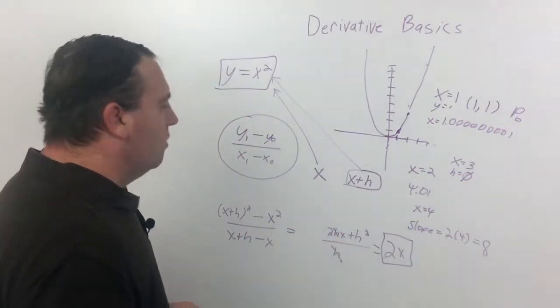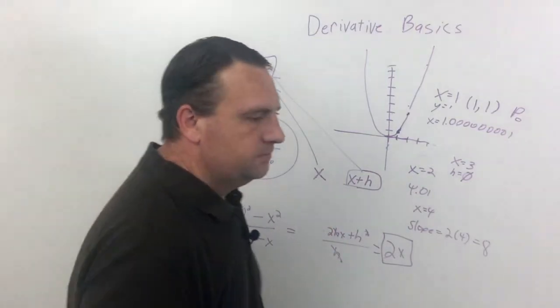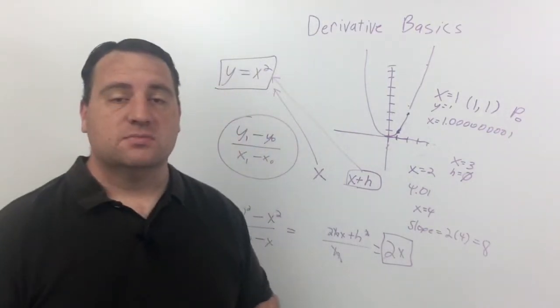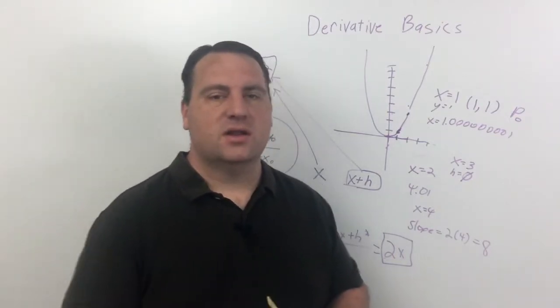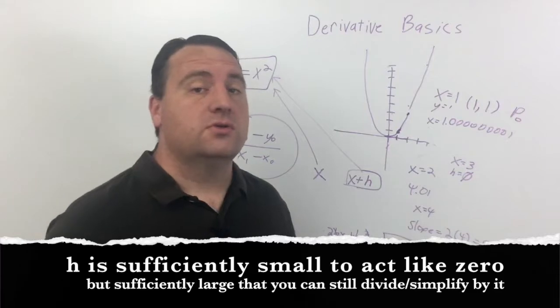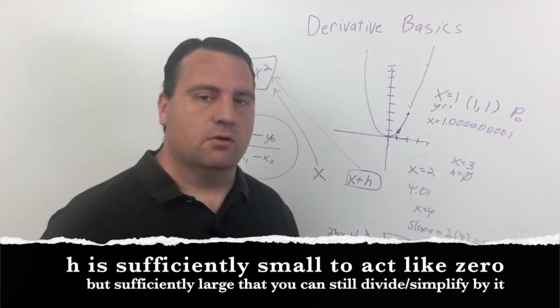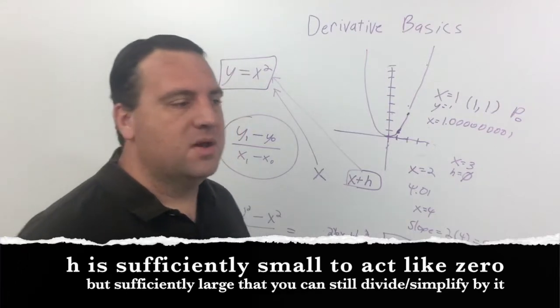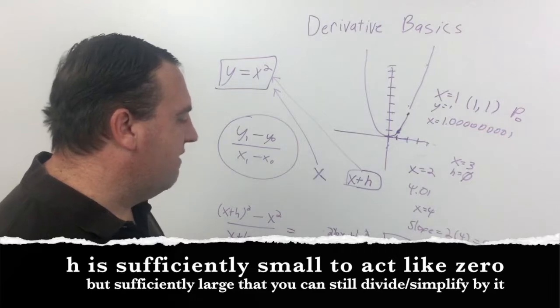And you might say, well, if h is 0, how could we have divided by h? As I said, we'll get into this more rigorously later on in the course. But for now, you can think of h as being a number that is so close to 0 that we can effectively reduce it to 0 when we want to, but it is sufficiently far away from 0 that we can divide by it.